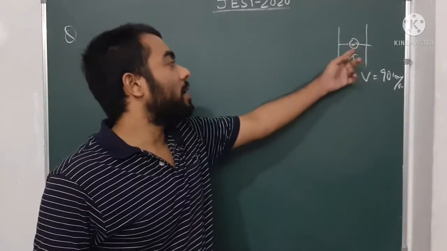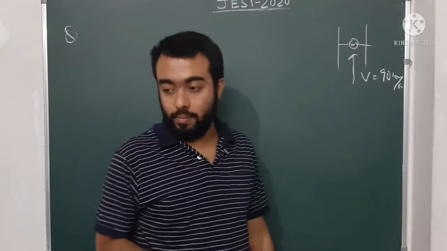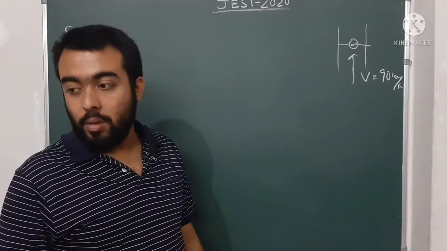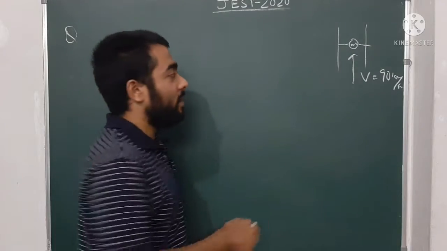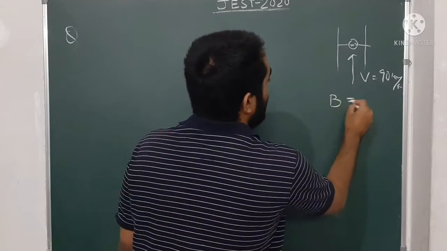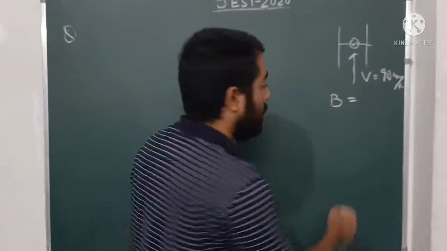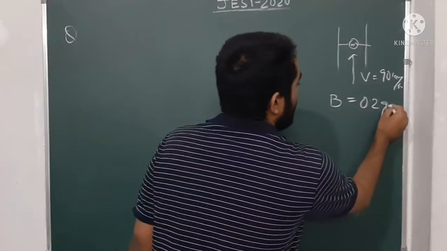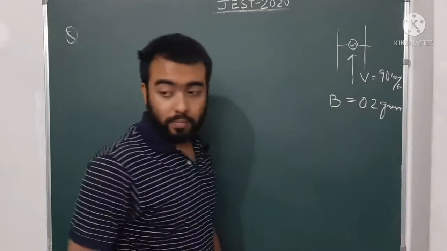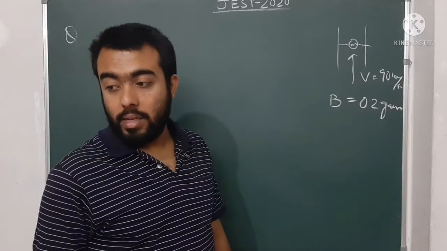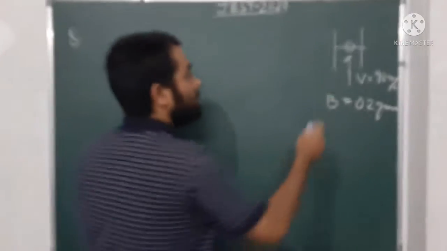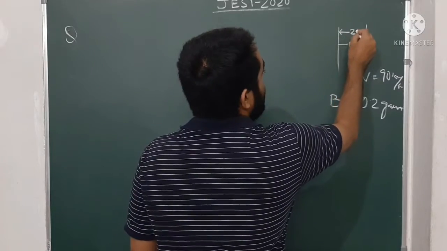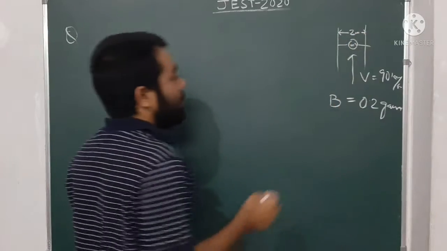Assume the vertical component of Earth's magnetic field is 0.2 Gauss, and the tracks are separated by 2 meters.